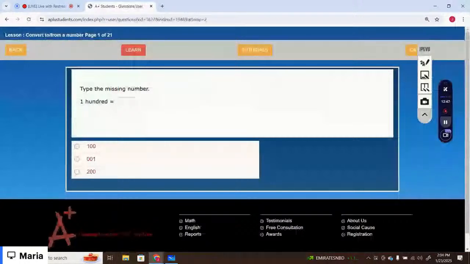Type the missing number. Which number is it? 100. So which is the correct option? 100. You have 1 at the hundreds place. The rest of the digits are 0. So the correct option is option number 1.